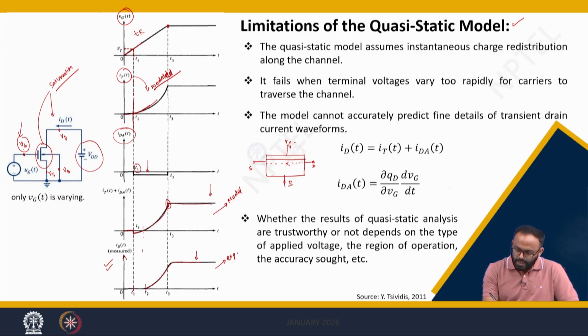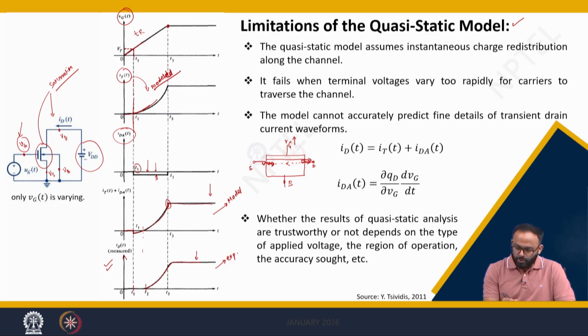It is obvious that when you increase the gate voltage, the inversion charge in the channel should increase. From where will these charges come? The charges will come from the source side. At that moment, the current at the drain side shows a negative trend, because the charges are going in. So these charges come from the source side, and hence at the drain side the current will be negative. That is what we are getting, IDA is negative.